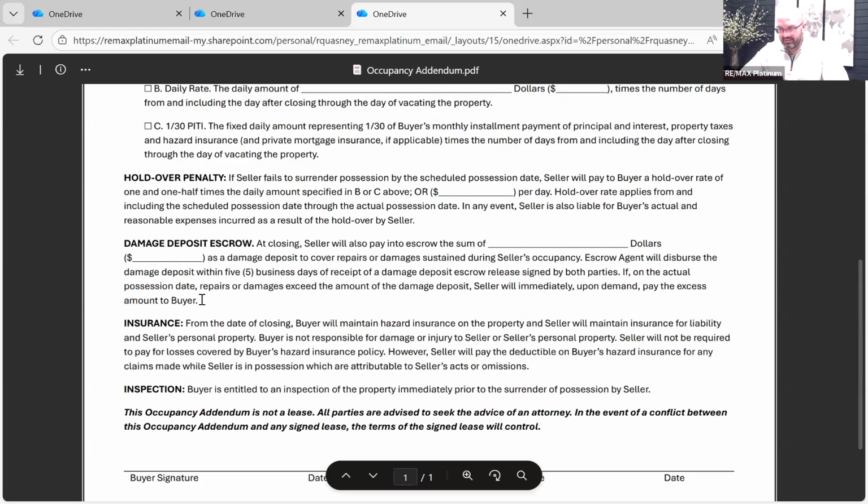This is designed so that if it gets into litigation, the instructions are not gray at all. It's black and white: seller will pay the excess damages to the buyer.